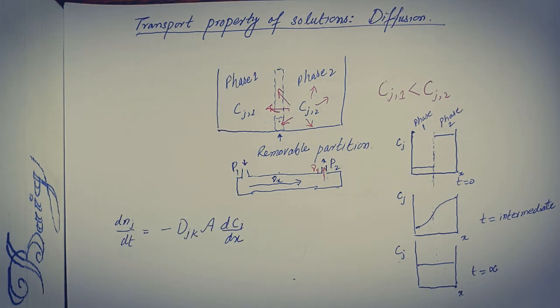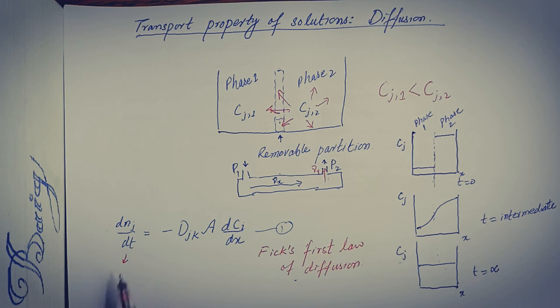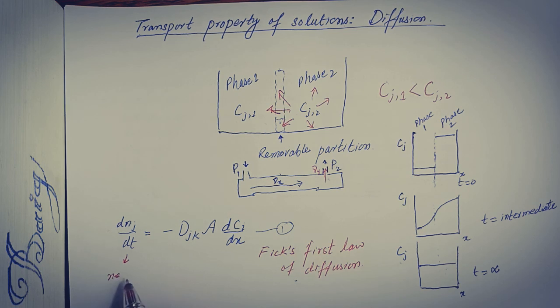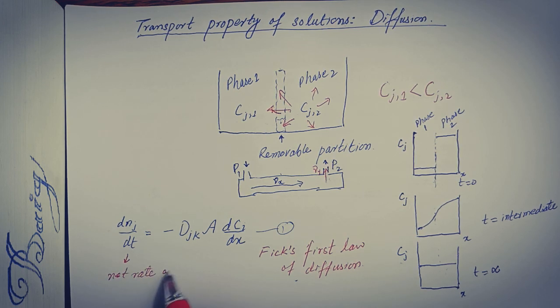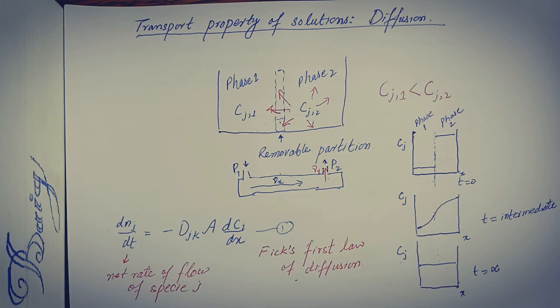Here we have equation number 1, which is known as Fick's first law of diffusion, where the change in the number of moles of species J with respect to time is known as the net rate of flow of species J. The unit of this rate is moles per unit time.